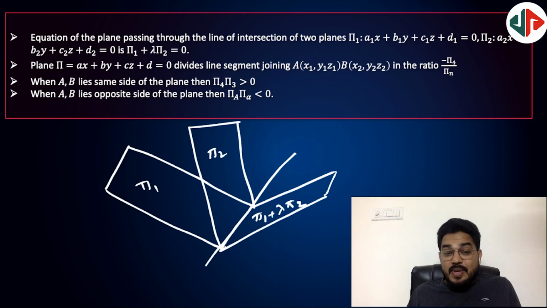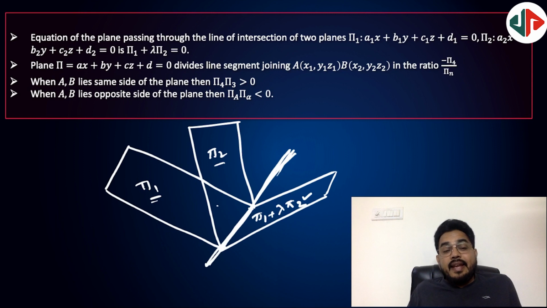This will be very much needed in your 3D matrices and determinants. System of equations, three equations having infinitely many solutions: phi 1 plus lambda phi 2 is equal to the third one. So any plane through the intersection of two planes is this.